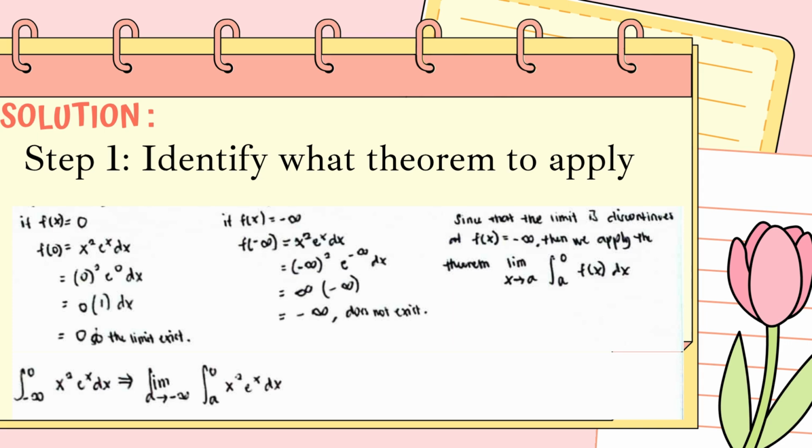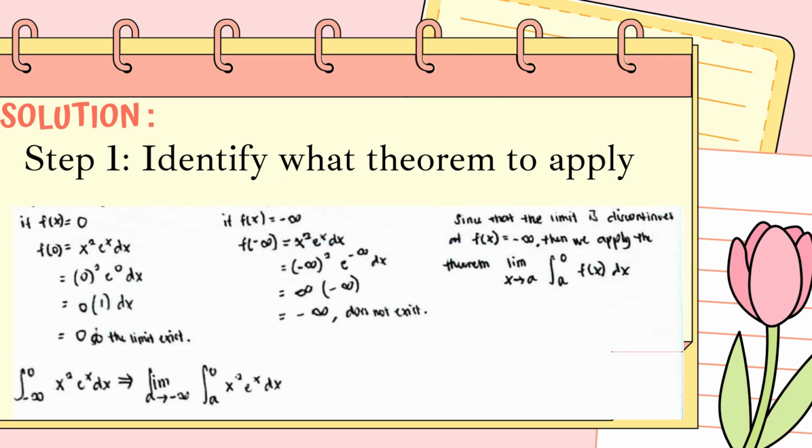We plug in the value of x, which is 0. So we have 0 squared e to the 0. 0 squared is 0, and e to the power of 0 is 1. So 0 times 1 is 0. Therefore, the limit exists.